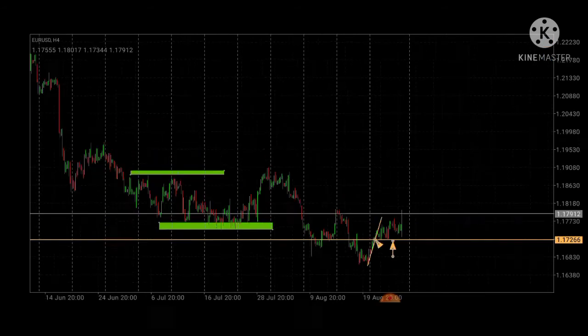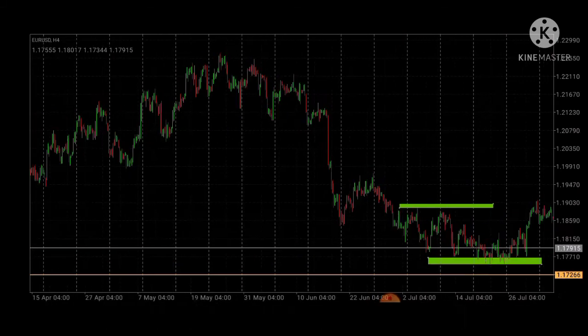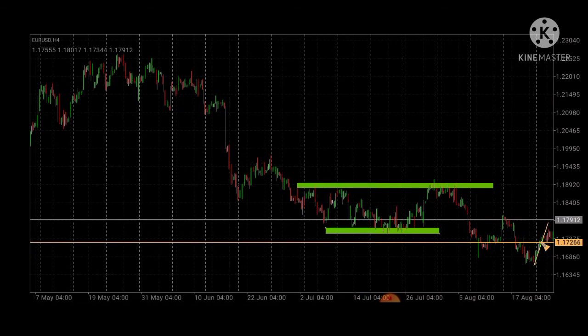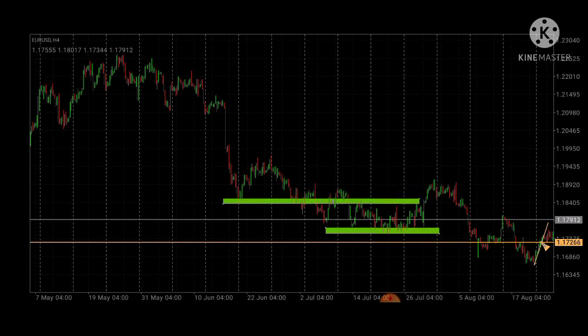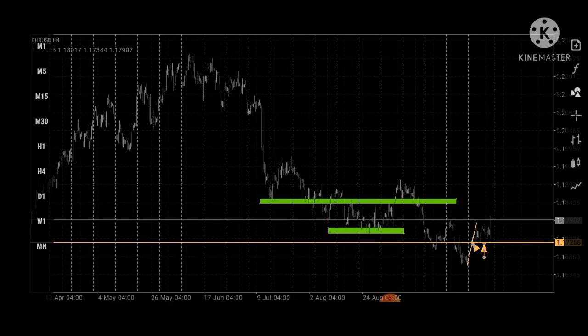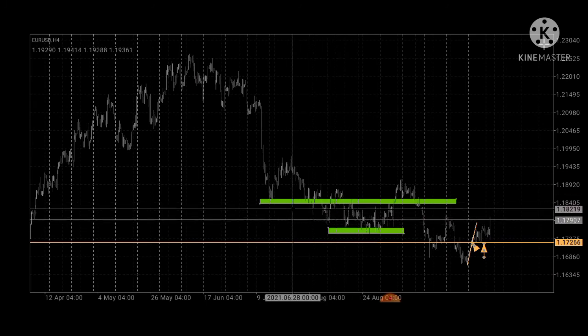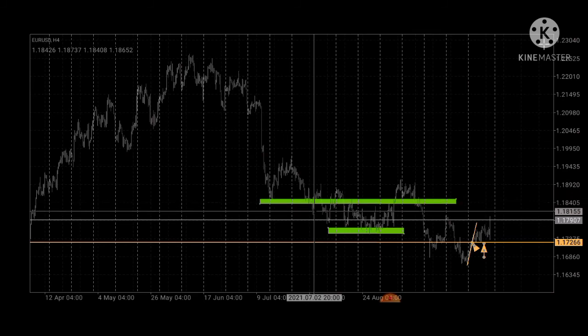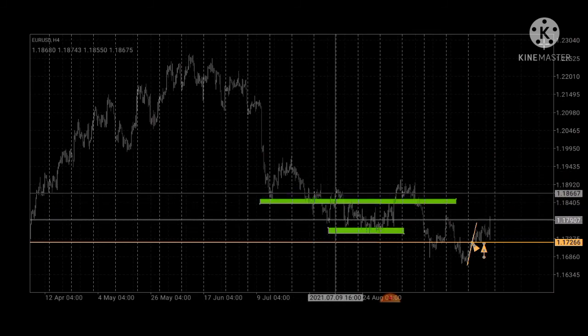So once it's broken, it becomes something else. Initially this was our support, right? It pushed price up, so price came back to test that zone. It broke it, came back.